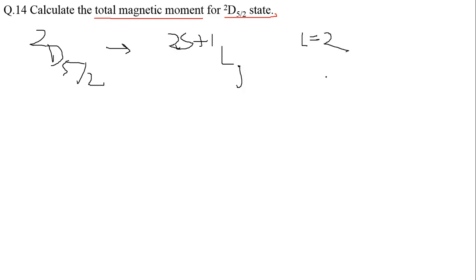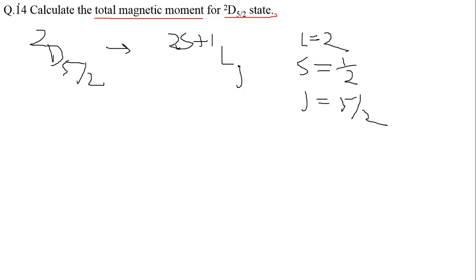So, if we are taking here 2D 5 by 2, generally we represent the spectroscopic term as 2S plus 1, L, J. So when we compare, for D, L will be 2, 2S plus 1 is equal to 2, so S will be half, and J is 5 by 2.